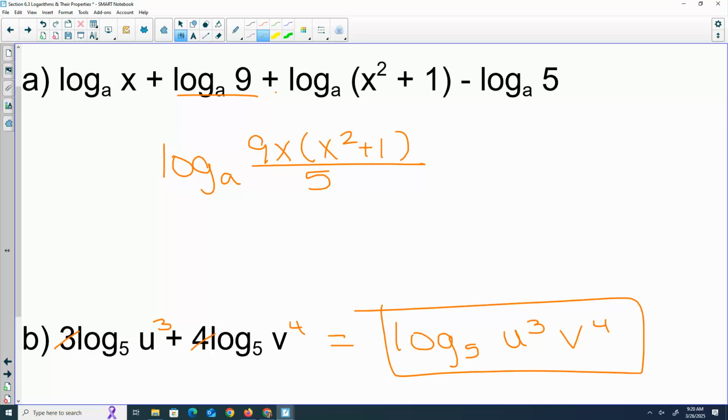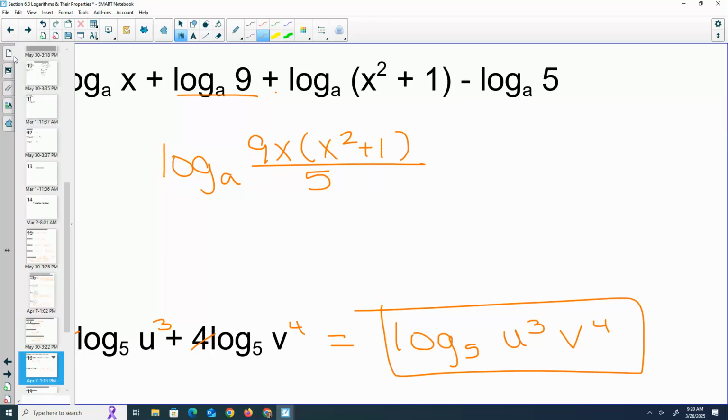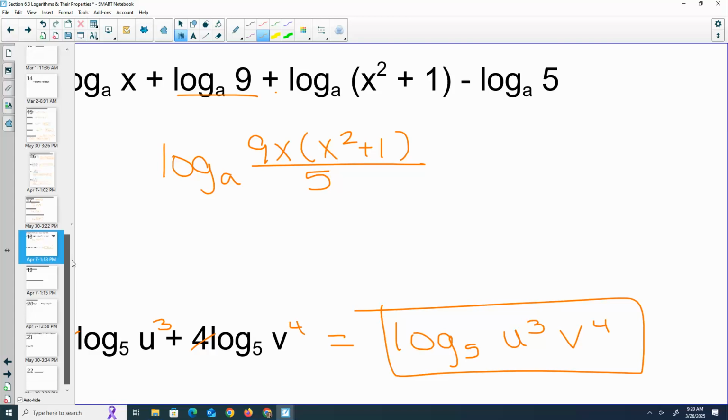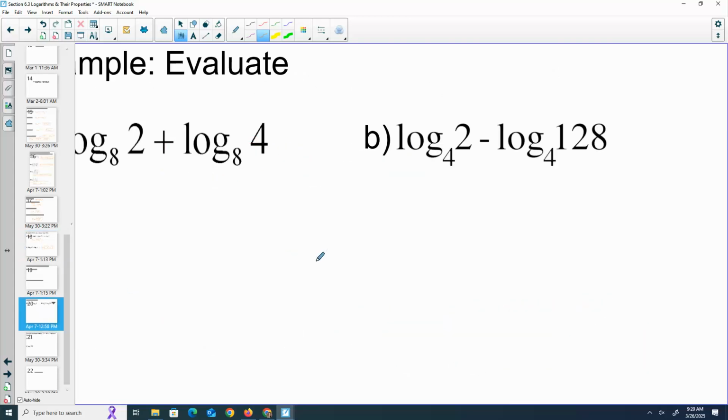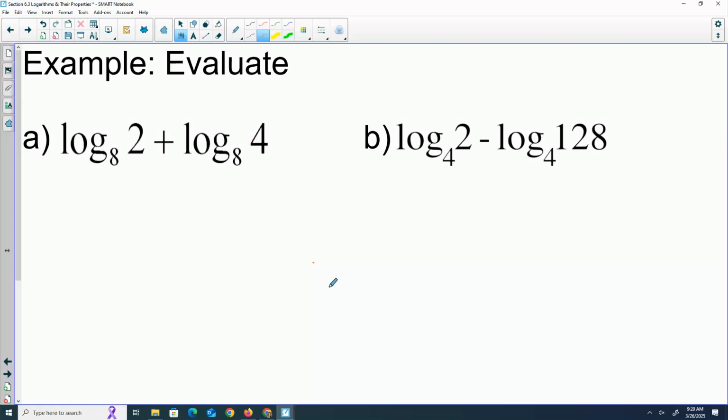How are we doing with these? Let's go to a couple more slides I want to do. So if I ask you to evaluate this, log base 8 of 2 plus log base 8 of 4.